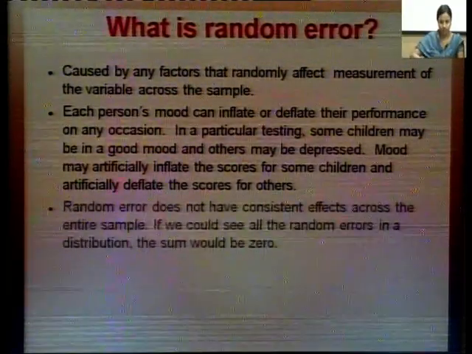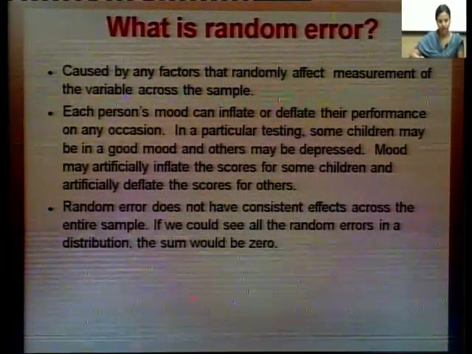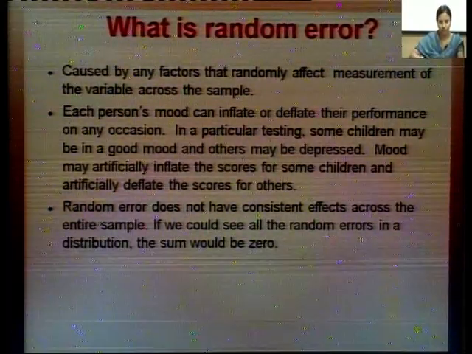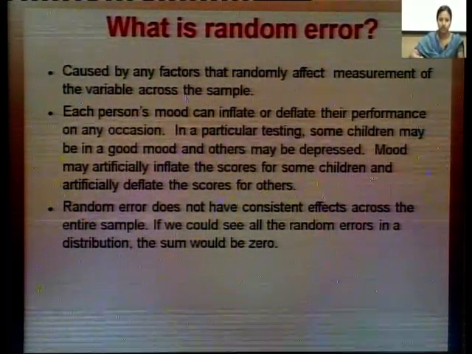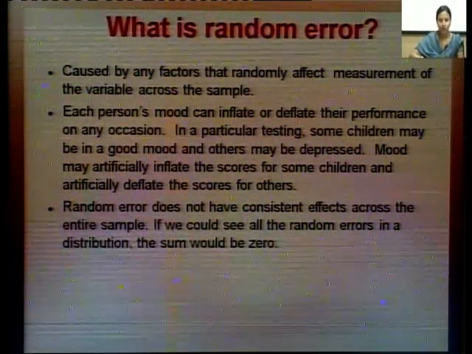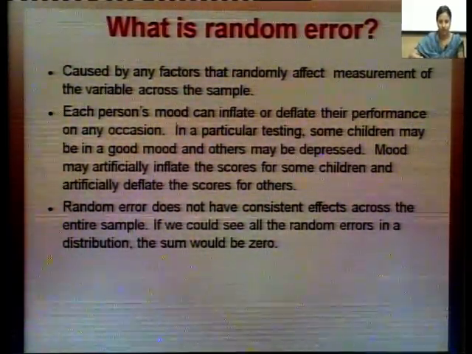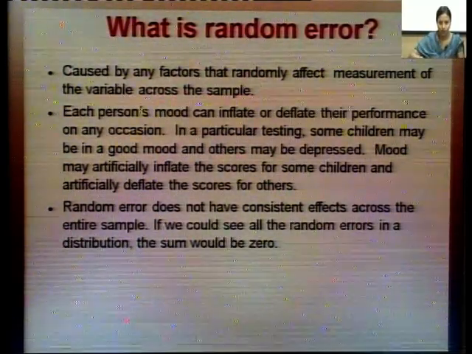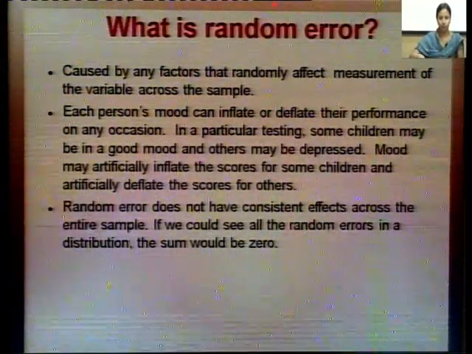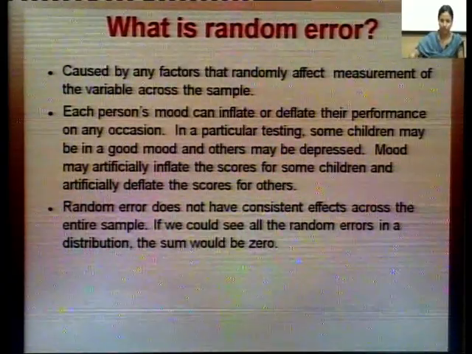Next is random error. It is caused by any factors that randomly affect the measurement of the variable or the physical quantity across the sample. Each person's mood may inflate or deflate their performance on any occasion. In a particular testing, some children may be in a good mood or others may be depressed. Mood may artificially inflate the scores for some children or artificially deflate the scores for others.